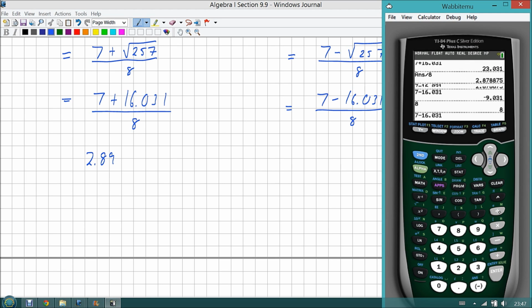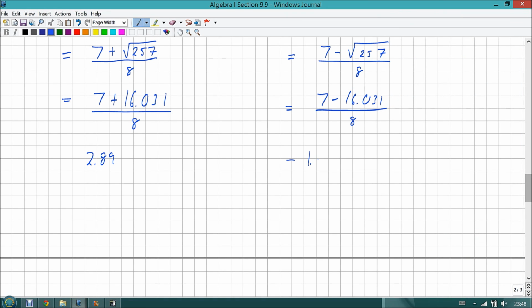There we go. Divided by 8. Sorry, my calculator can be a little slow here. So I get negative 1.1288. Rounding to the nearest hundredth, that would be negative 1.13. So negative 1.13. Note how we get two answers, just like in every other parabola that actually has some.